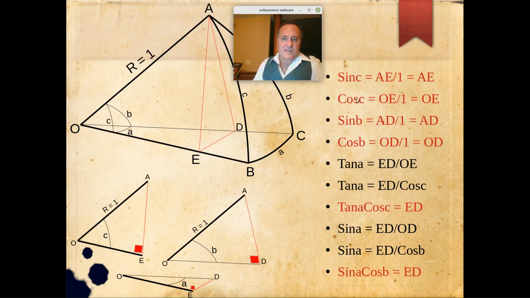And we can discover the cosine of C in similar fashion. It's OE over 1 or just OE. So the length of this side OE is the cosine of C. So I put them in there. There's the sine of C. Do you see it here?